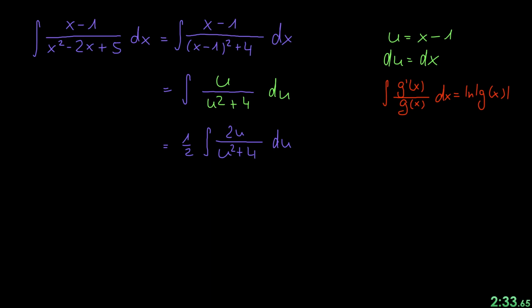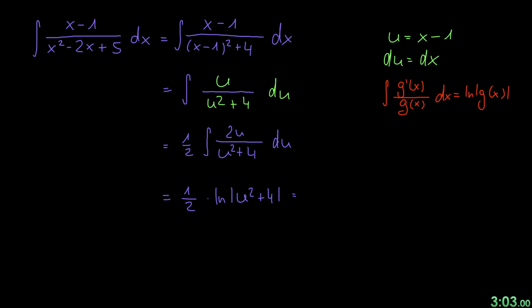Okay, so now I have the derivative of the numerator in the denominator. No, wait, the other way around. The derivative of the denominator in the numerator. So what I end up with is just 1 over 2 times the natural log of u squared plus 4.